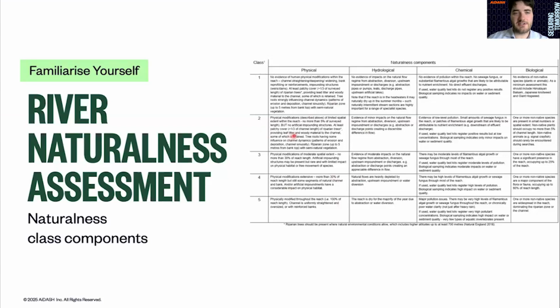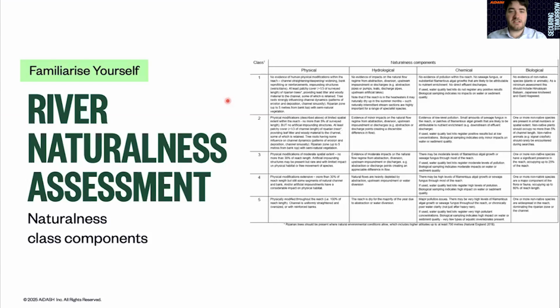I won't go into the details of it, but basically, the physical aspects are things like physical modifications of the river and straightening of the river. Hydrological aspects are whether the flow regime has been impacted, things like whether the river is kept at artificial levels or dried, or there are locks or barriers within the river that manage the flow, those kinds of things.